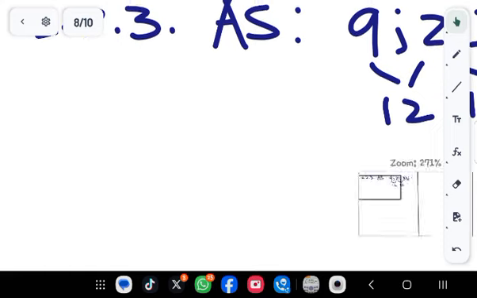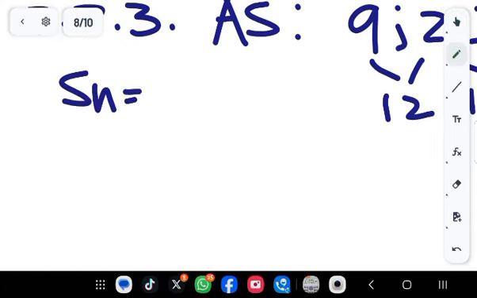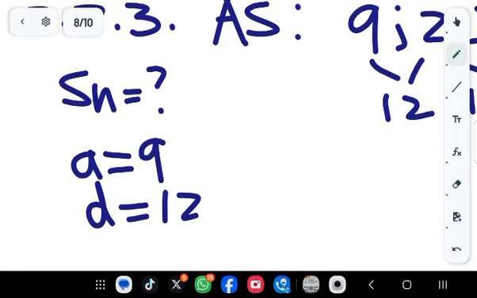We want to find the sum of the first n terms. Our first term here is 9 and our constant difference is 12.